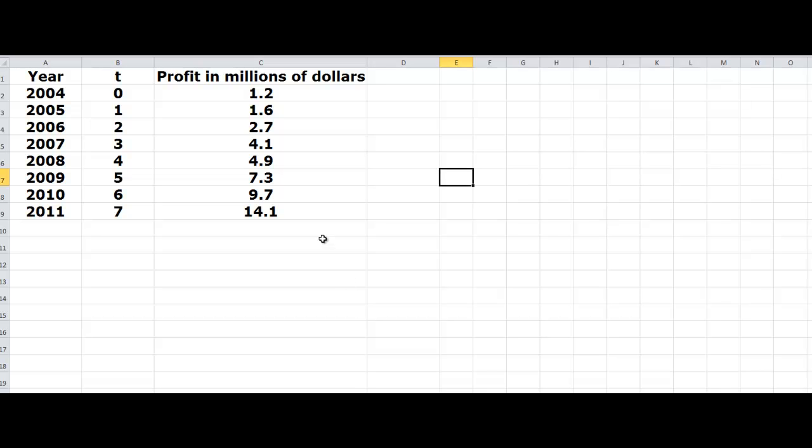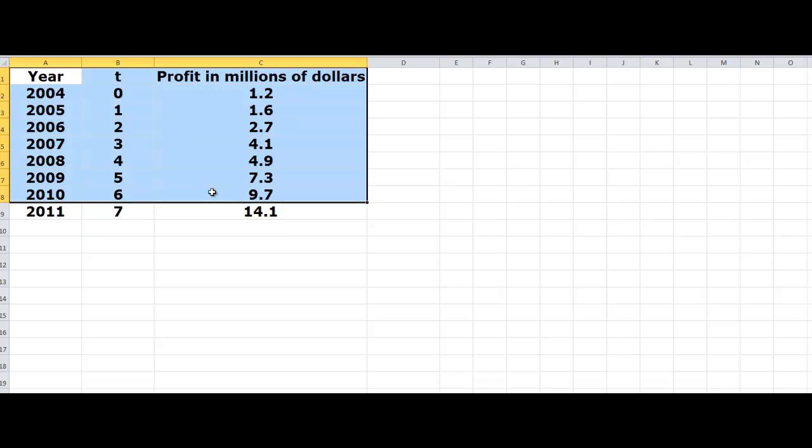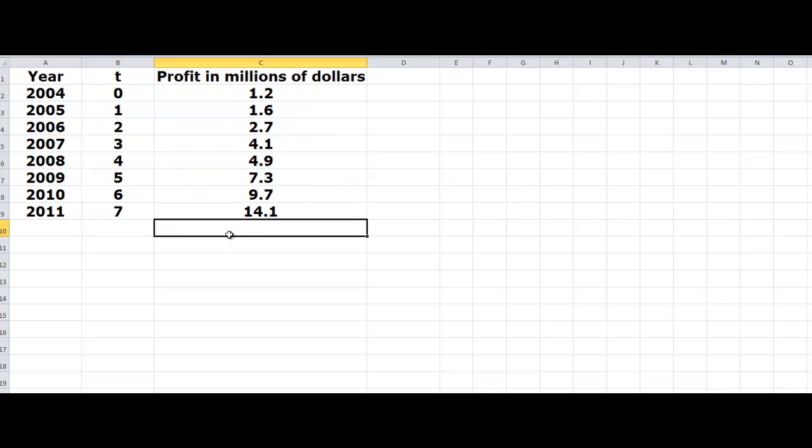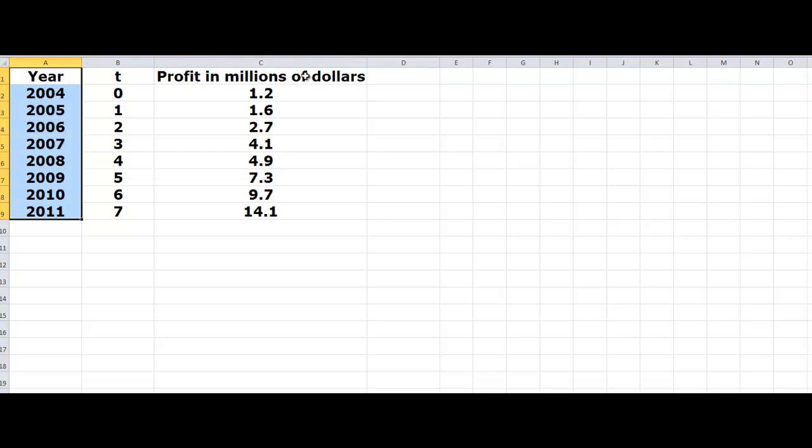So we are going to use our TI-84 graphing calculator to see which algebraic model comes closest to this data, and this data shows the profits made in millions of dollars by a company between 2004 and 2011.